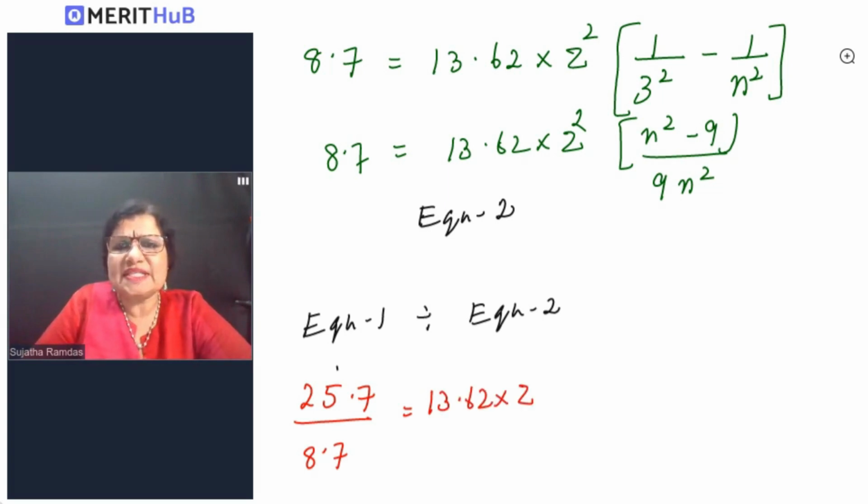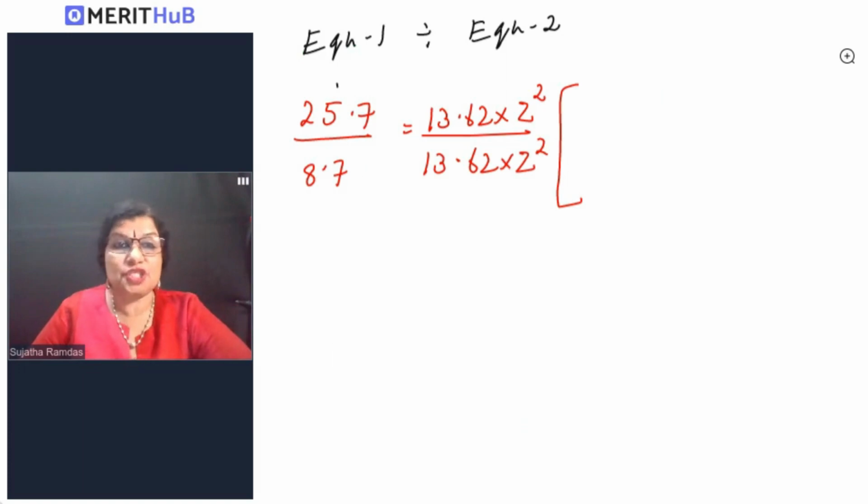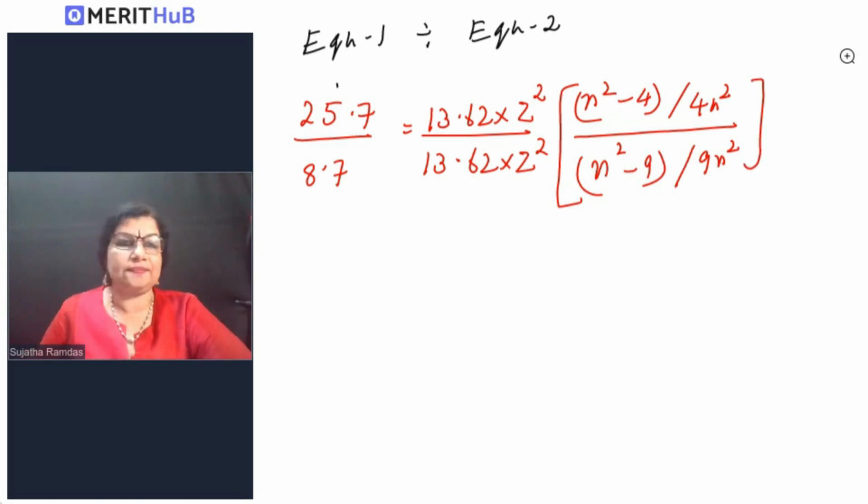The 13.62 into z square will get cancelled eventually. And now the next substitution is n square minus 4 divided by 4n square, divided by n square minus 9 by 9n square.